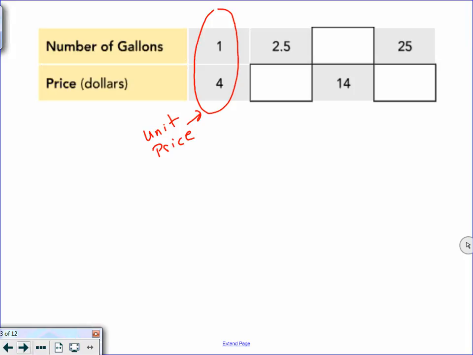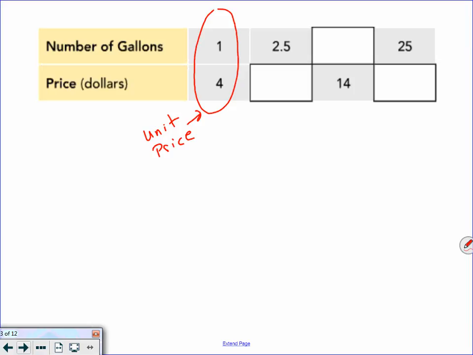Okay, moving on here. Again, same situation. I've got the unit price again is 4. So this time we're just going to use that unit price, which is also called our constant of proportionality. Which means I can take the number of gallons times 4, and that's going to give me the price for that amount of gallons.